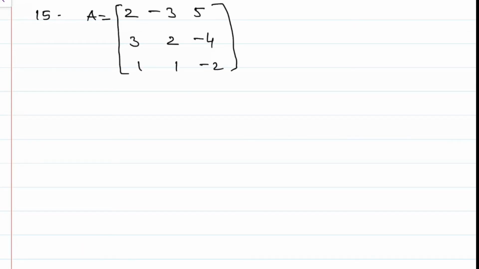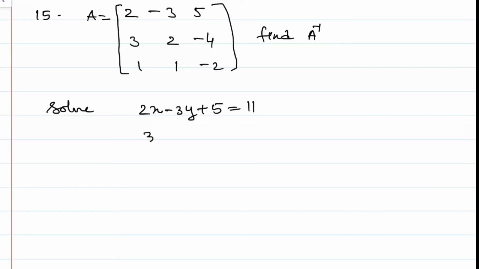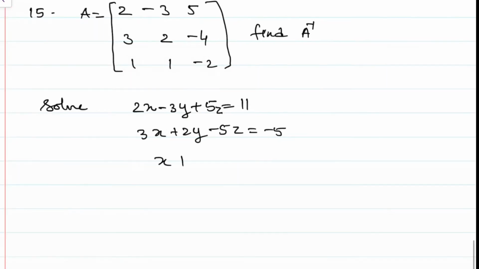Now let us solve question number 15. Question number 15 says: if A is equal to [2, -3, 5; 3, 2, -4; 1, 1, -2], find A inverse. Using A inverse, solve the system of equations 2x minus 3y plus 5z equal to 11, 3x plus 2y minus 4z equal to minus 5, x plus y minus 2z equal to minus 3.